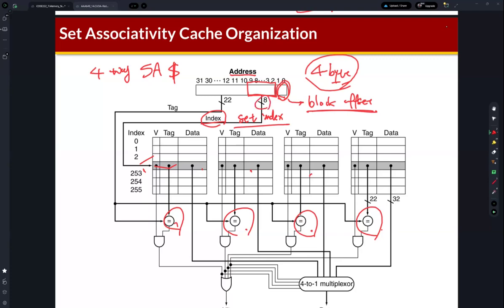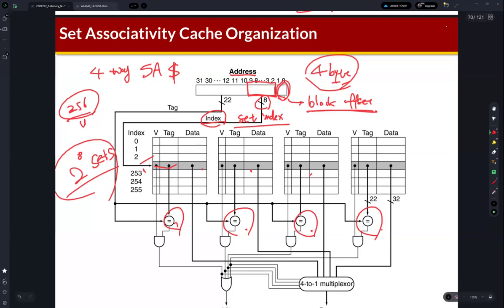The set index is 8 bits, which means this cache includes 2 to the power of 8 sets, so this is 256. There are 256 sets, and each set includes 4 cache blocks. Then what is the total number of cache blocks?